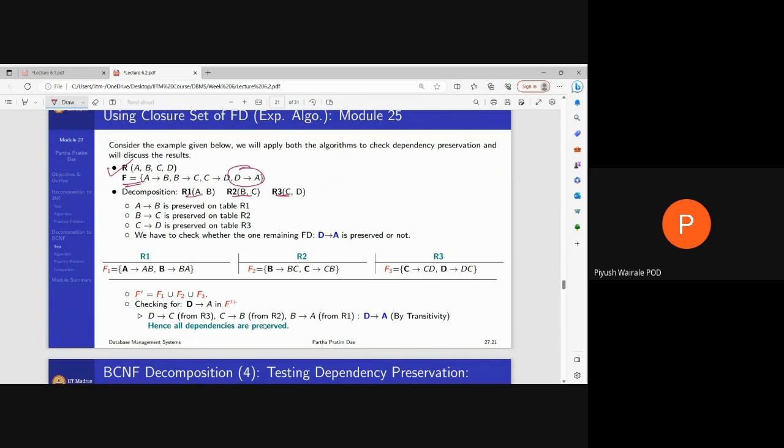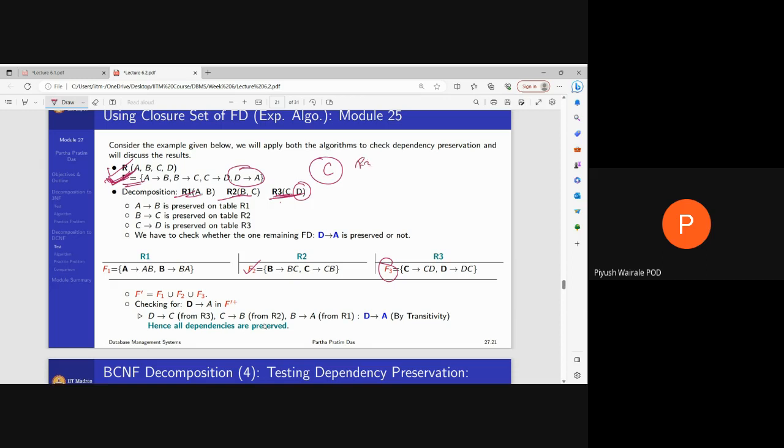So first find out F1, F2, F3 based on R1, R2, R3, meaning all the possible functional dependencies that are applicable to R1. F2 means all the possible functional dependencies applicable to R2, and F3 is all the possible functional dependencies applicable to R3. Take the closure of C based on the parent functional dependencies and find out which are applicable. Take the closure of D based on the parent functional dependencies, and find out the applicable functional dependencies, right?